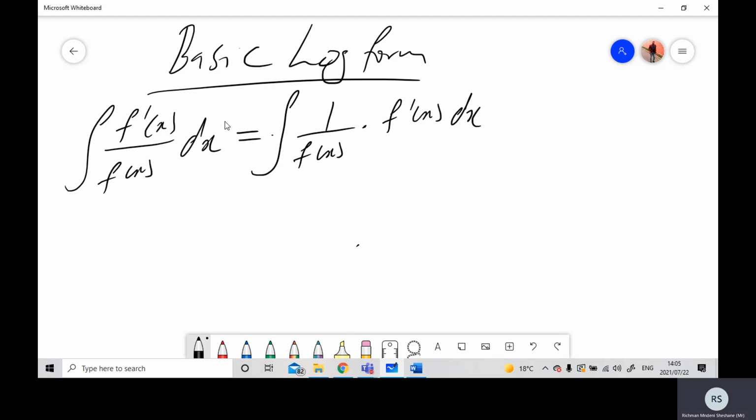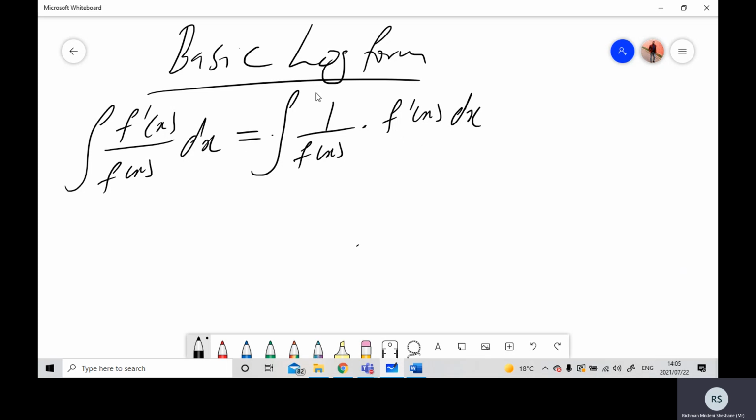I was still writing this basic log form. If you're integrating f prime over f of x dx, first we can write the standard integral as 1 over f of x times f prime. Sometimes you find some standard integrals in this form instead of this form. Sometimes you can write it as 1 over f of x multiplied by f prime dx.